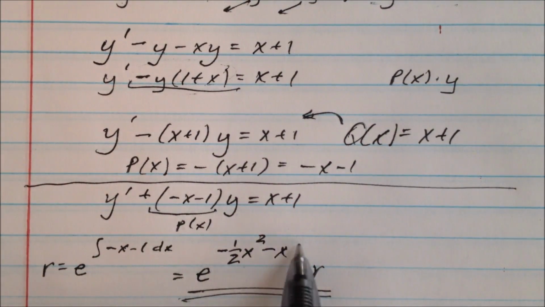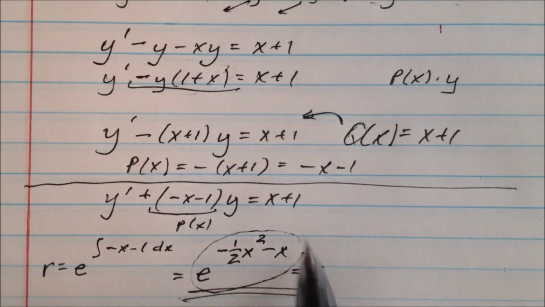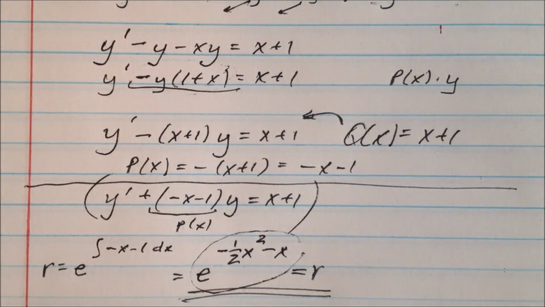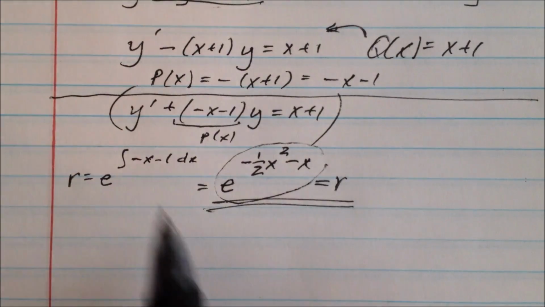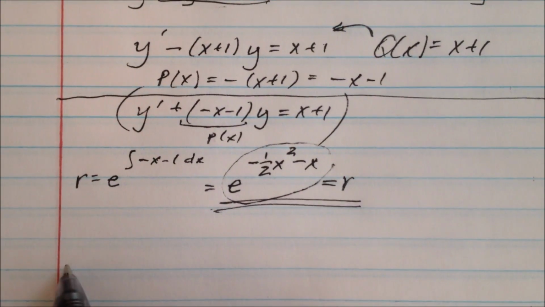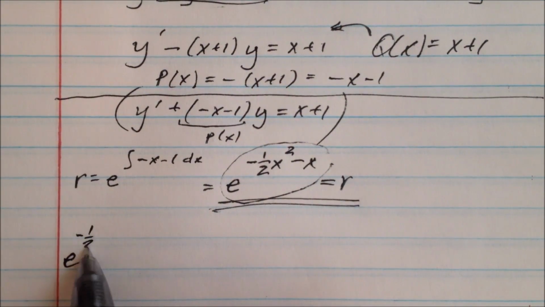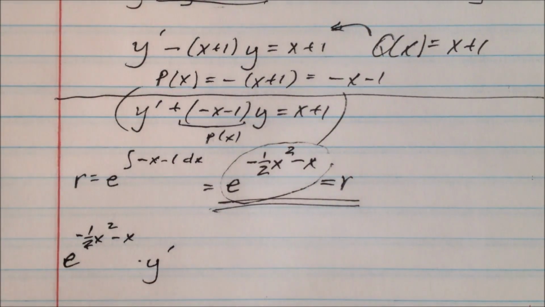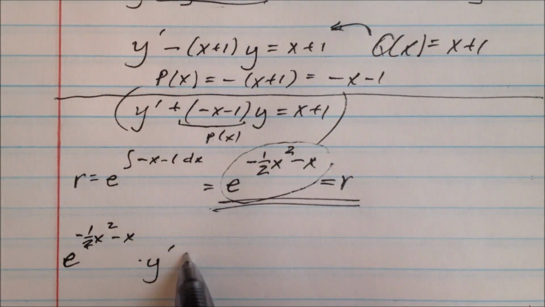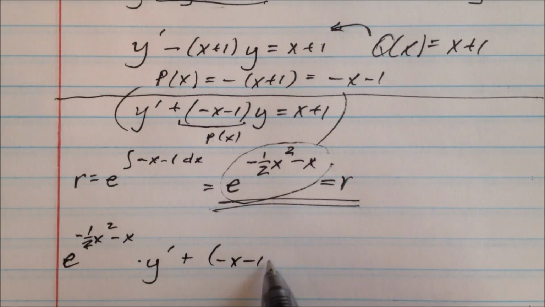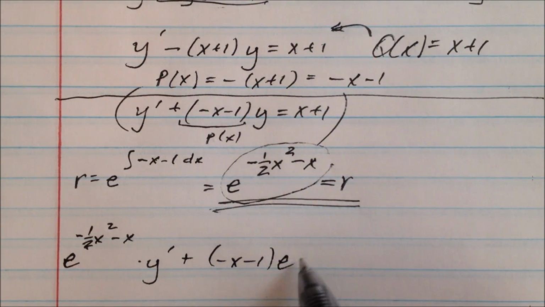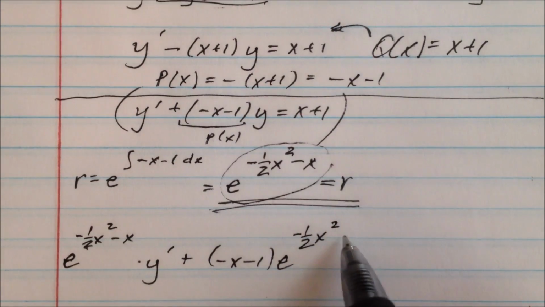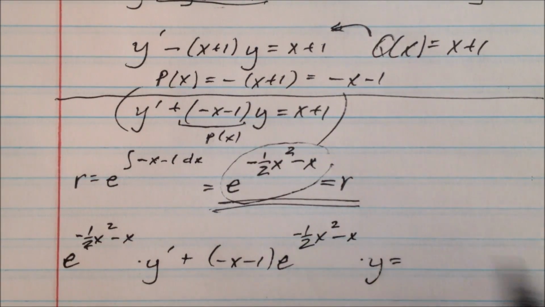So when I take this integrating factor and distribute it through all the terms here, I'll have this. It'll be e to the negative 1/2 x squared minus x times y prime, then plus a negative x minus 1, e to the negative 1/2 x squared minus x times y.